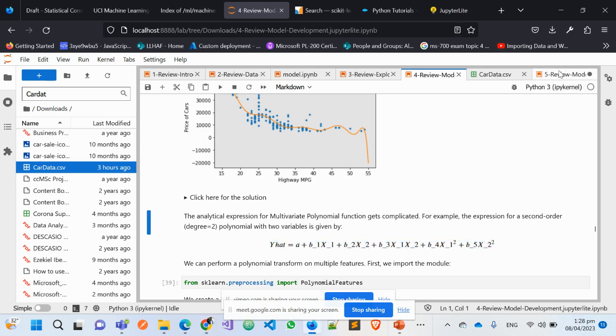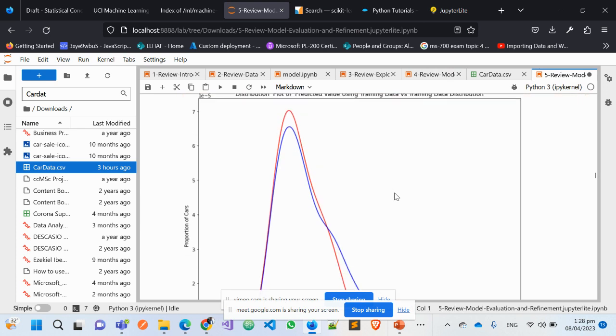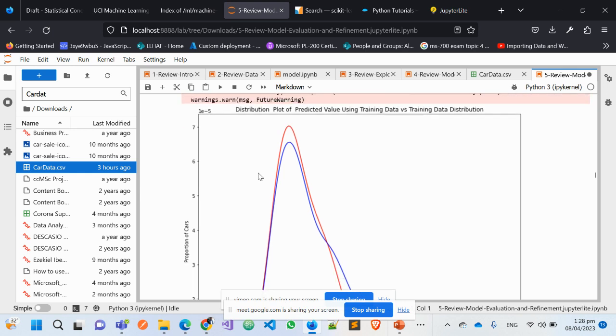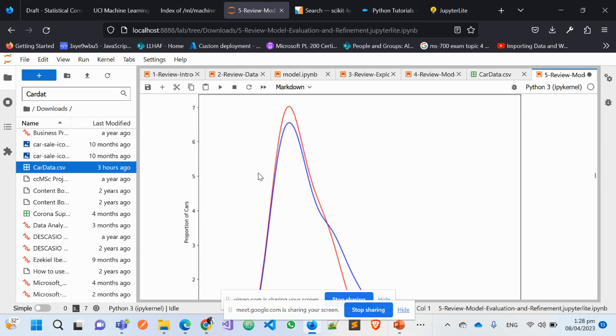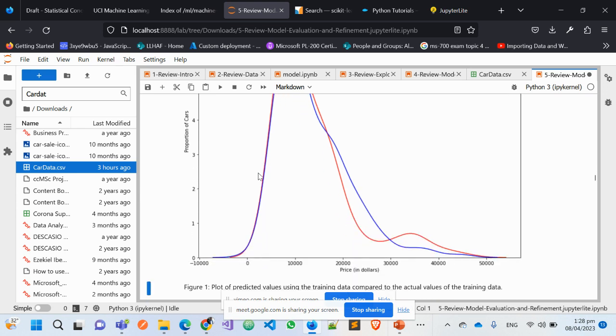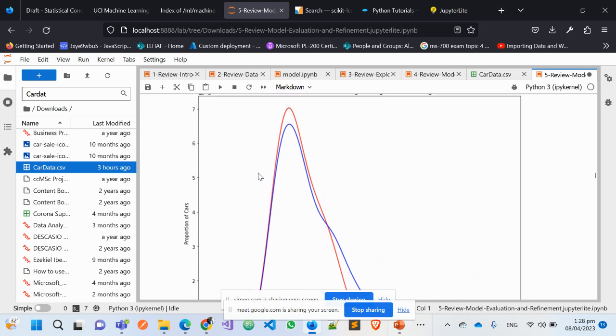So that's good. Here we are seeing that the distribution plot for multiple linear regression tells us that our predicted variables and our actual variables are closely aligned. That shows the level of accuracy of our prediction.